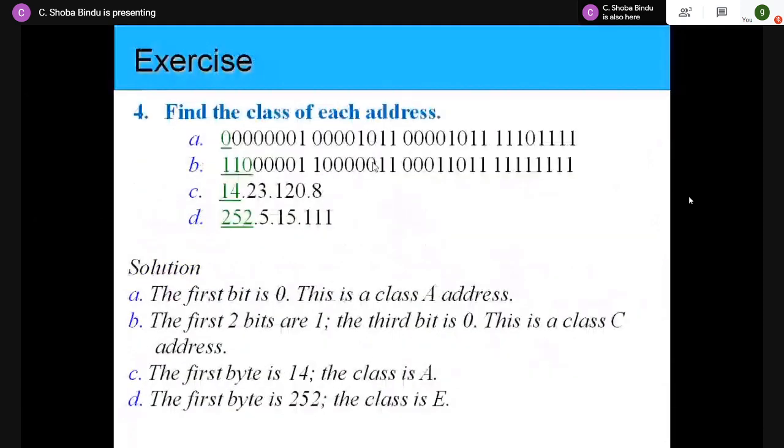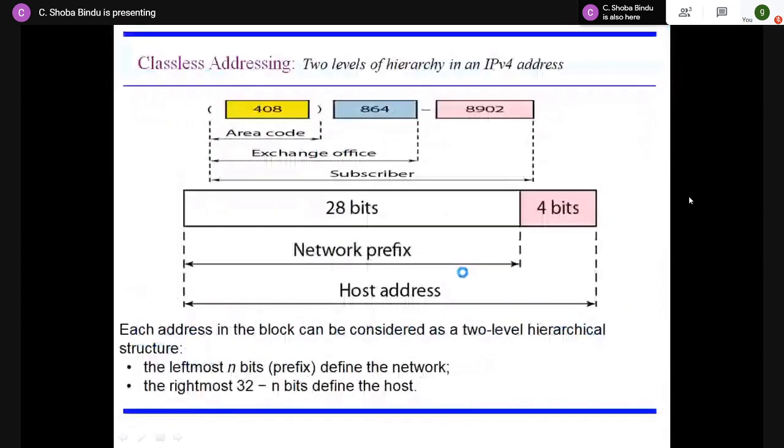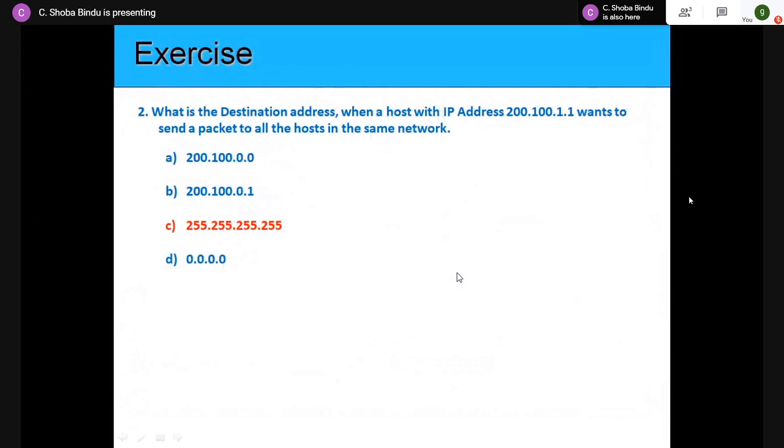The first byte is 230, so it belongs to class D. When it belongs to class D, you can see that there is no host address and no network address for this. So there won't be any mask for those addresses.